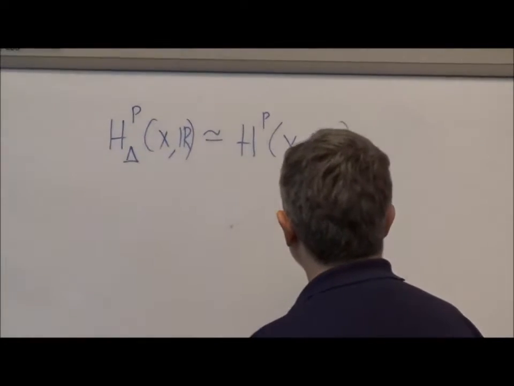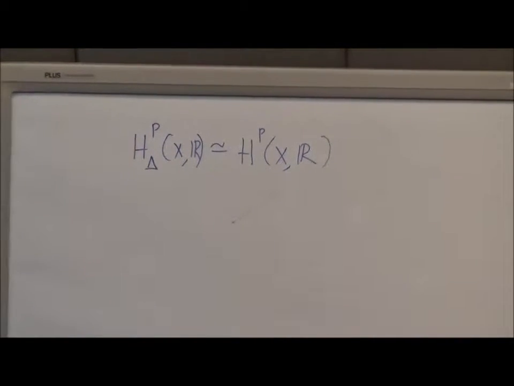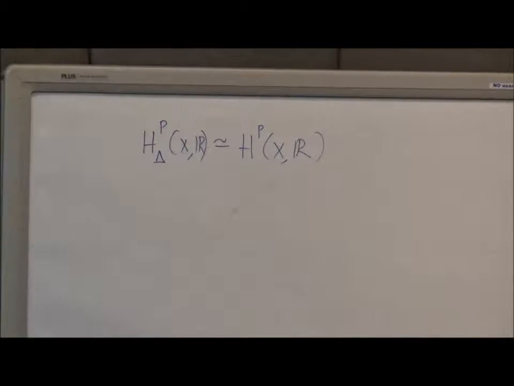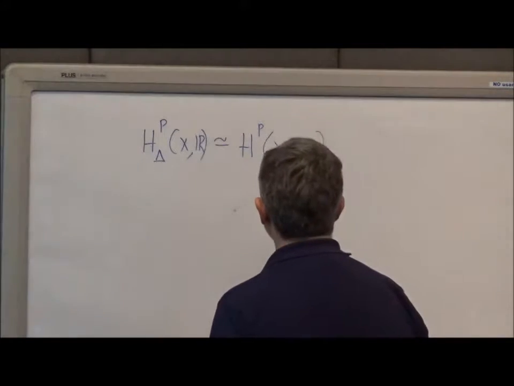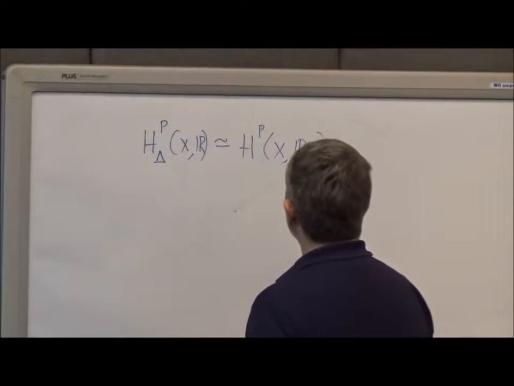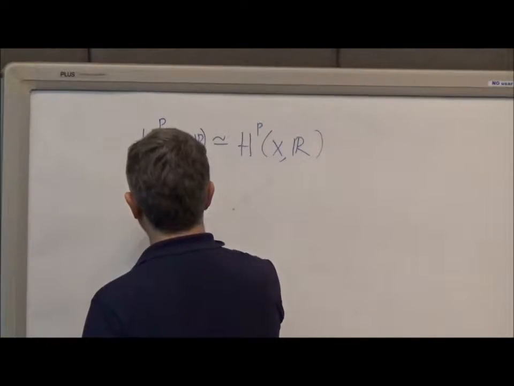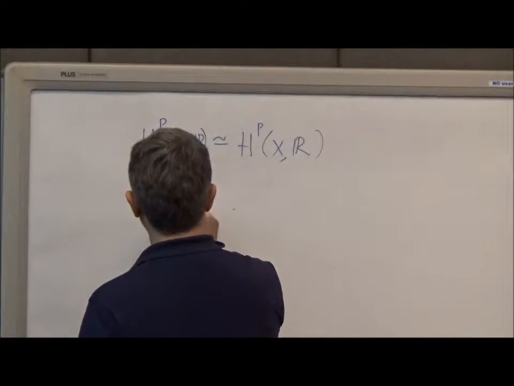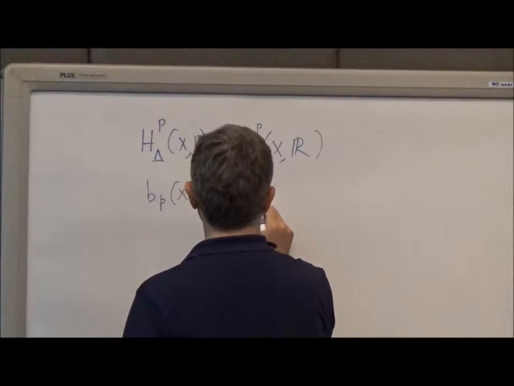This was supposed to be a space of closed forms, not modulo exact forms, so closed forms of degree p modulo exact forms of degree p. And they're isomorphic as spaces, in particular their dimensions are the same, so we'll take the real dimension of either one of these two.